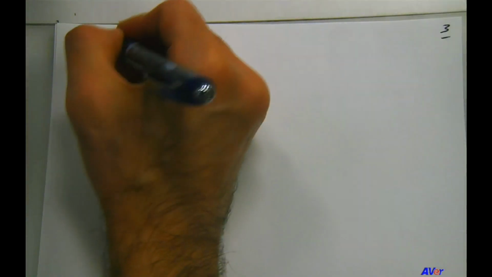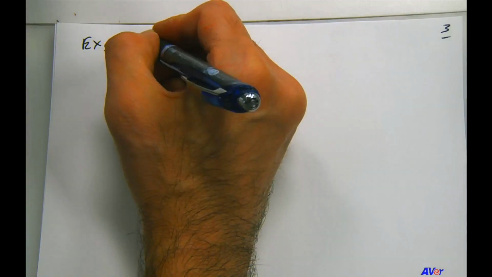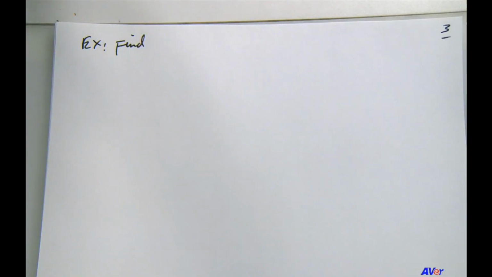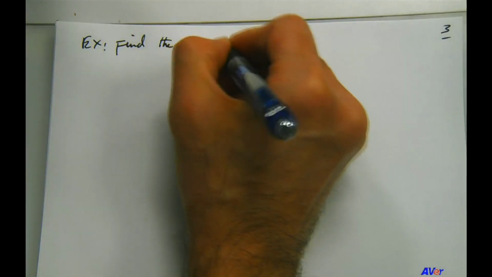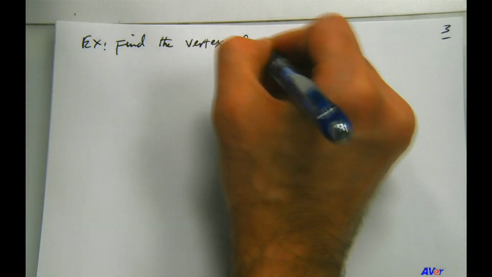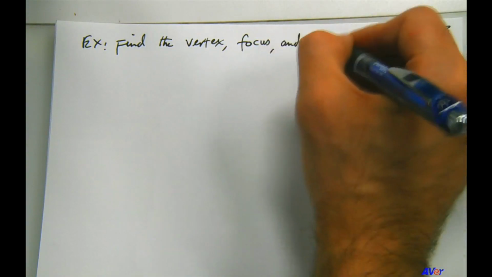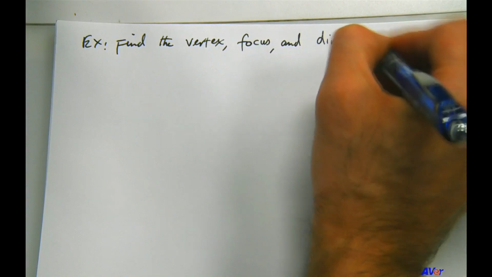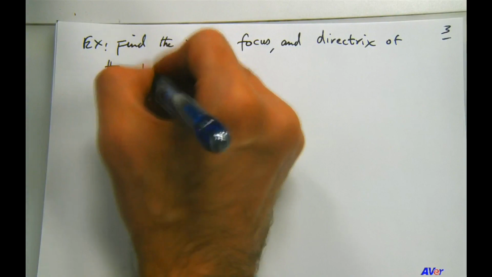So in this case, we want to find the same type of information, or a little different because a parabola is different. The parabola has the directrix, but the ellipse doesn't have that. So find the vertex, focus, and directrix of the parabola.